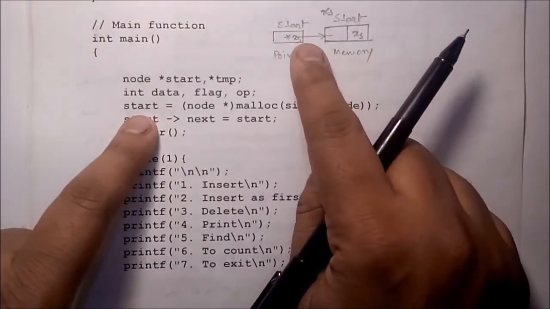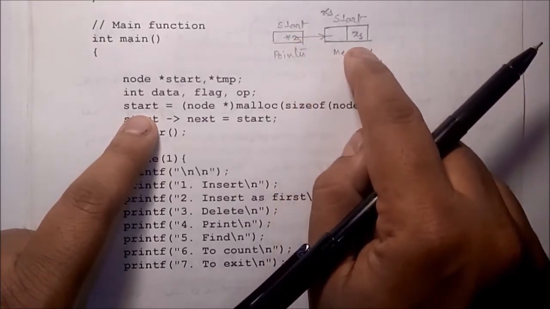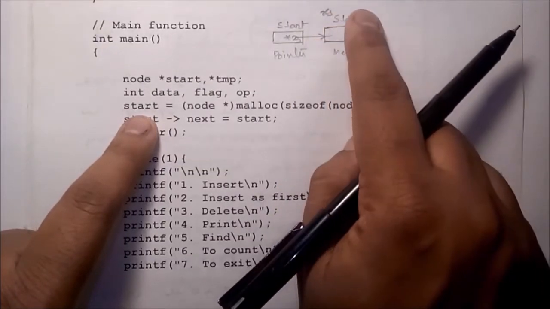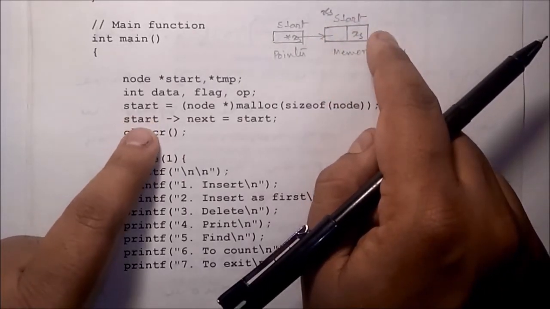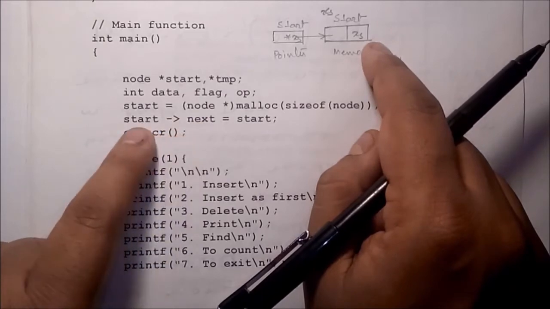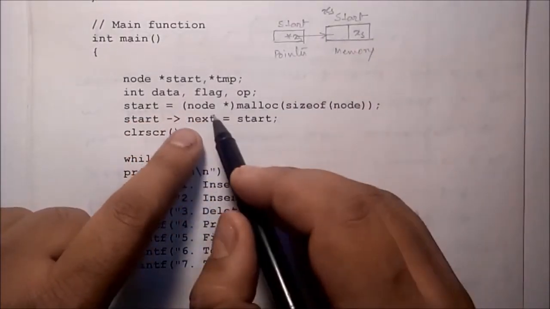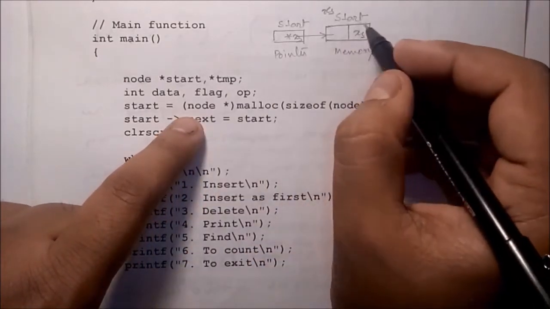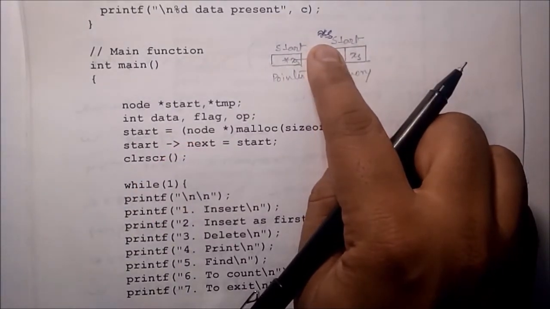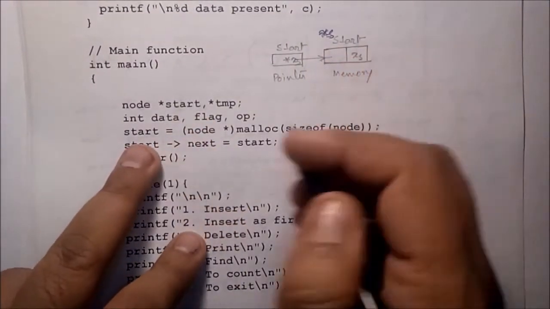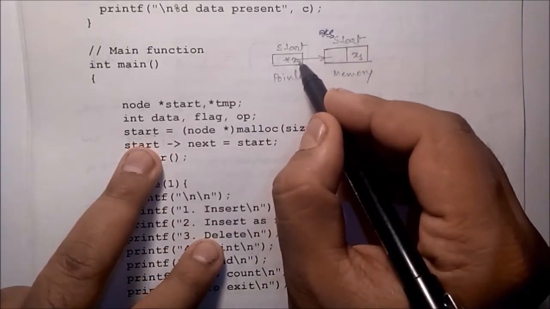That means start is a pointer type where we store the address of some memory. Suppose the address of this particular memory is xs. So in start we store the address of this memory portion, that is xs should be here.